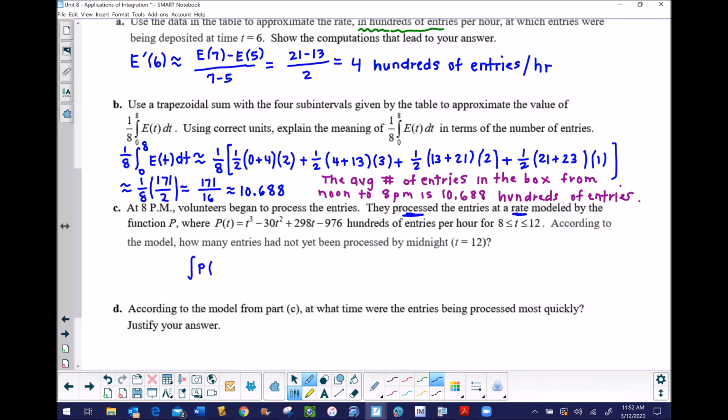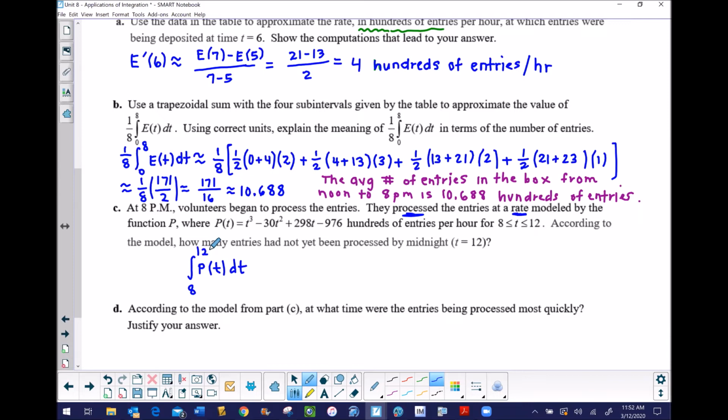It's perfectly acceptable on the AP exam or on Mr. Meunier and I's exams to just integrate the name of the function P of T. You don't have to write out all of this expression. It's already listed in the problem. And we're going to do this over the time interval 8 to 12, right? And that will tell us the total number of entries that have been processed.